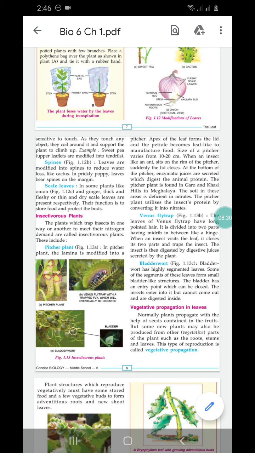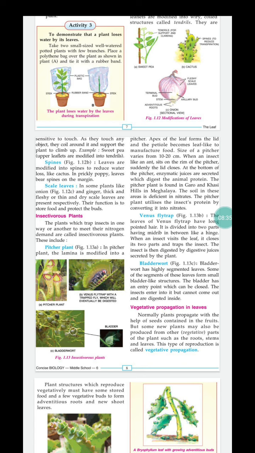Coming to ourselves, why do we take non-veg along with our vegetarian food? To gain extra proteins. In the same way, plants also require an element called nitrogen. It is very important to produce proteins. If these are completely absent, then the plant cannot prepare food. So what do they do? They trap insects and take the nitrogen from the insect.